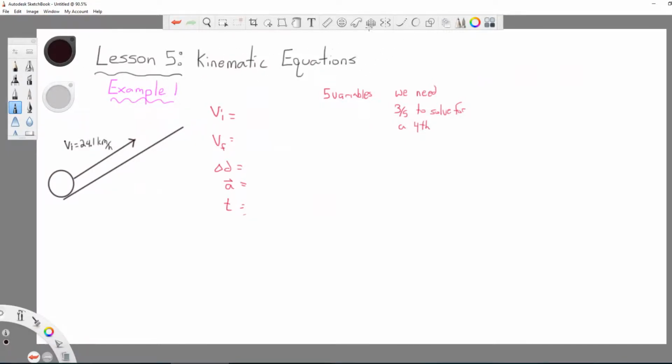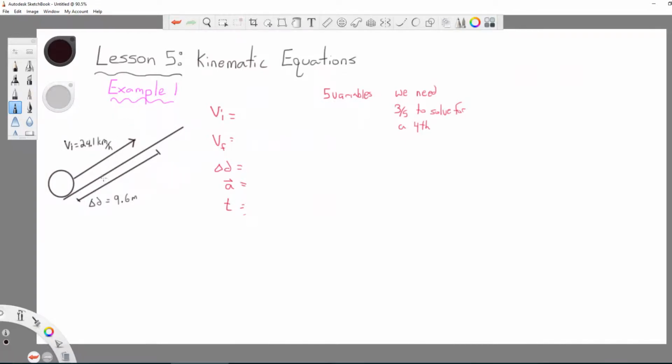Excellent. If its maximum displacement is 9.6 meters, determine the time of the motion. All right, so here we're going to want to add in our displacement to our image. So it's going to roll probably here to here, I guess. And put that in and say our delta D for displacement is equal to 9.6 meters. Awesome. There's one hidden piece of information in here that isn't totally clear yet.